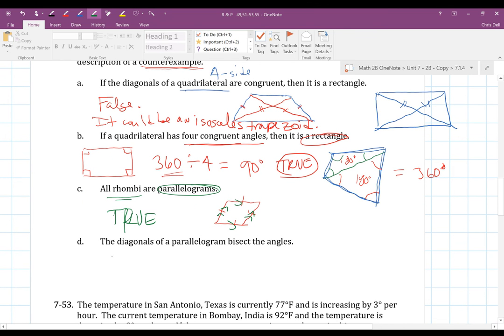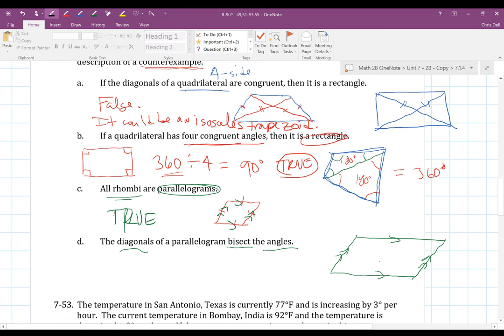Last one. The diagonals of a parallelogram bisect the angles. So a parallelogram is any quadrilateral where the opposite sides are parallel, correct? So here I drew a parallelogram. It says the diagonals of a parallelogram bisect the angles.